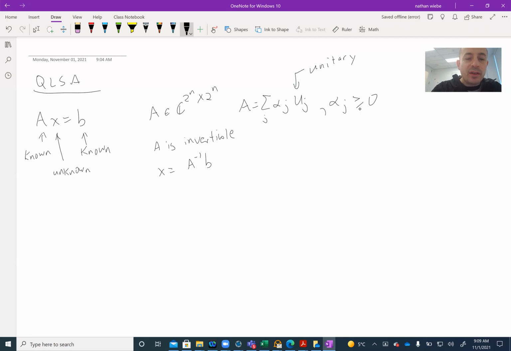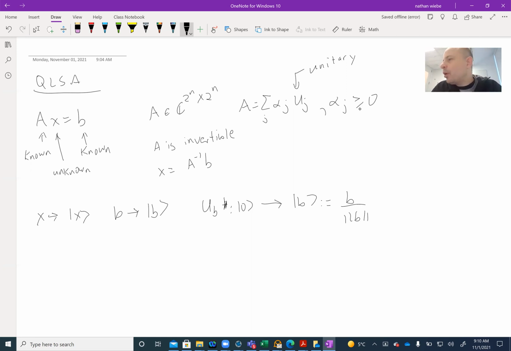So the way that we quantize this problem is let X go to ket X, B go to ket B, and assume that we have an oracle U_B which maps 0 to the vector ket B, which I'll define to be the vector B divided by the length of B. The reason for this is that in quantum, everything can only be unit vectors.